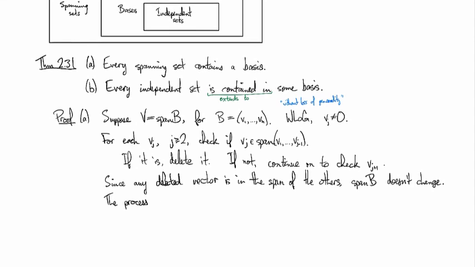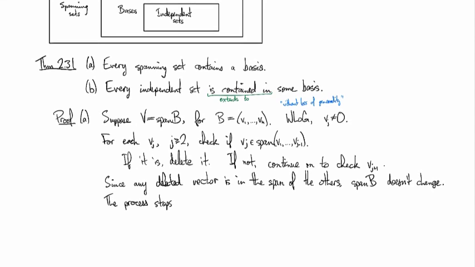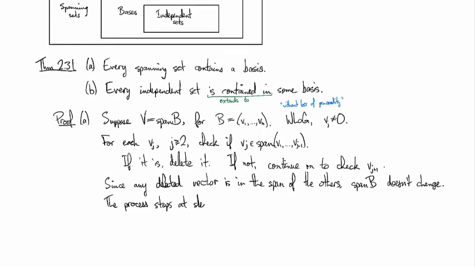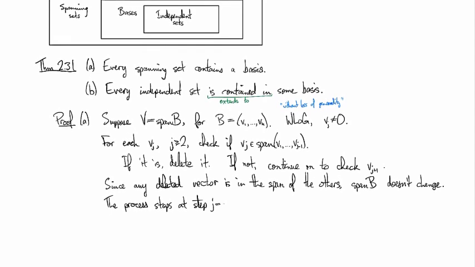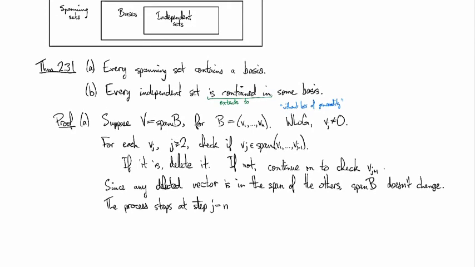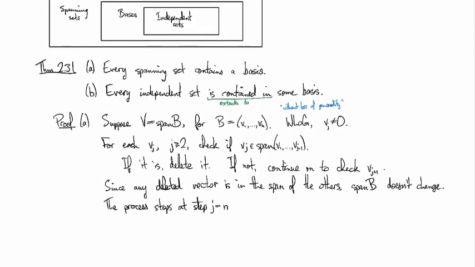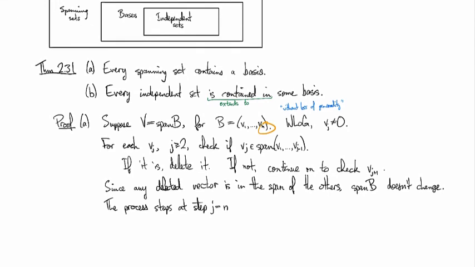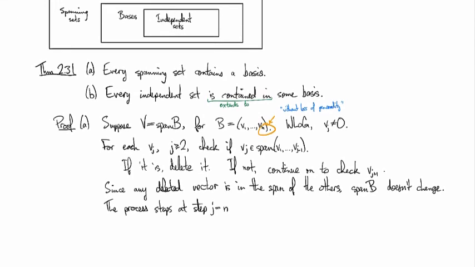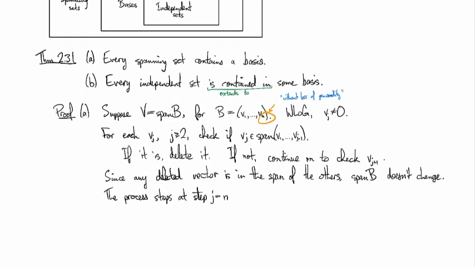Okay. And then the process has to stop. And it stops at the step when J is equal to N. And that N here that I'm referring to is this one that we had from back at the very beginning. Right, so the length of our spanning list.